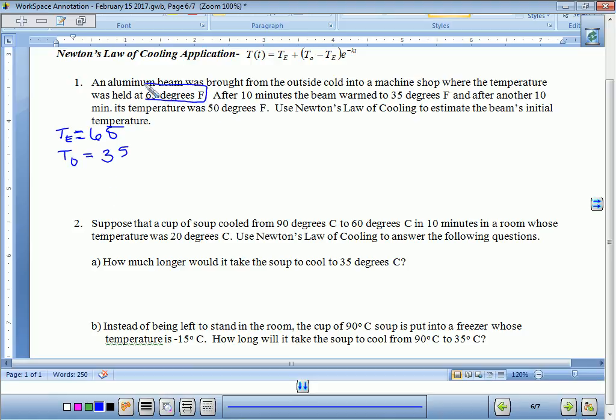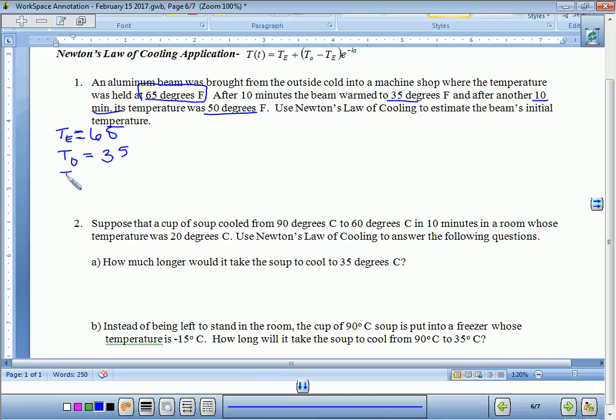The temperature of the environment in which the beam now resides is 65 degrees. The initial temperature, the first temperature we were given for the beam, is 35. Given this, 10 minutes later it's 50.